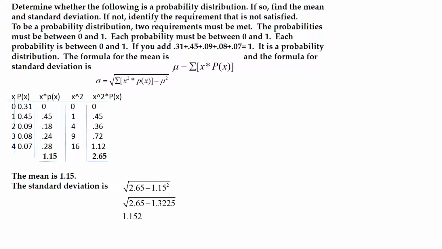You get 0, 0.45, 0.36, 0.72, and 1.12. Add the values together, you get a sum of 2.65. The standard deviation is the square root of 2.65 minus 1.15 squared. This gives you 1.152.